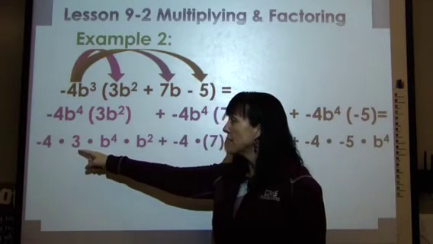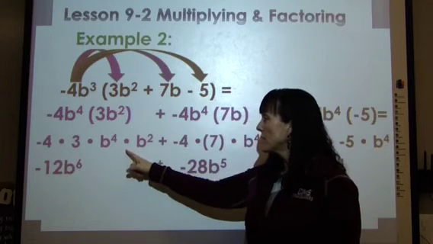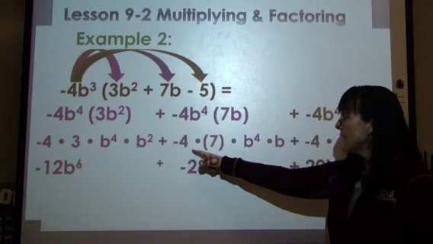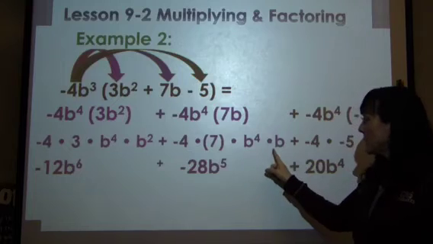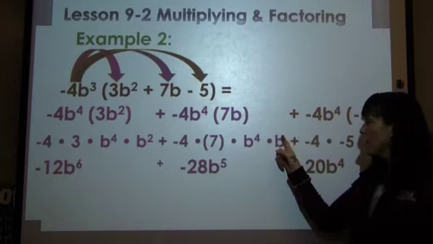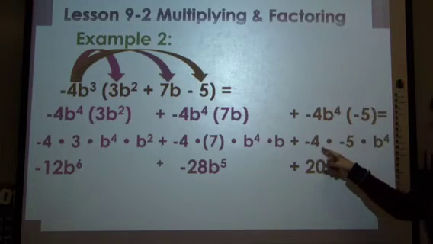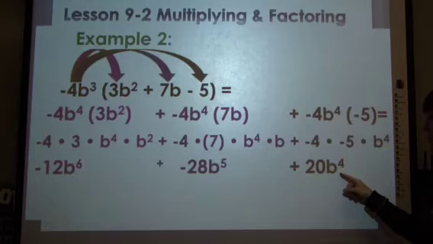So we're going to take negative 4 times 3 and get negative 12. b to the fourth times b to the second is b to the sixth. Negative 4 times 7 is negative 28. b to the fourth times b, if there's not an exponent, it's 1, is b to the fifth. And then finally, negative 4 times negative 5 is a positive 20, b to the fourth.